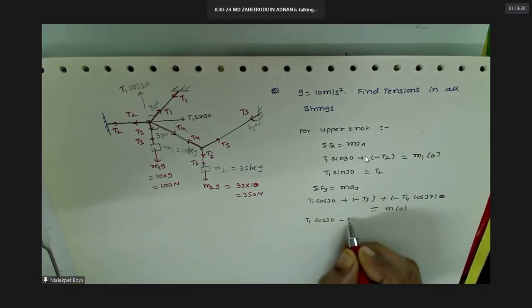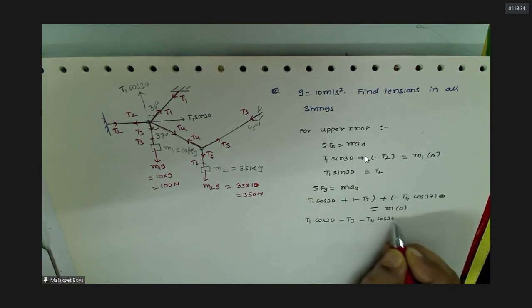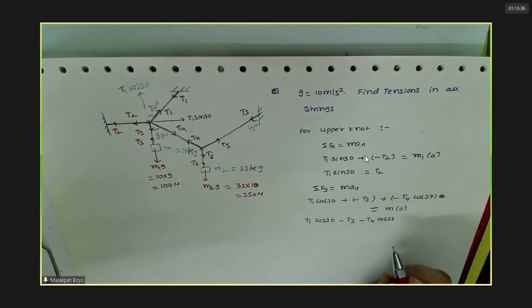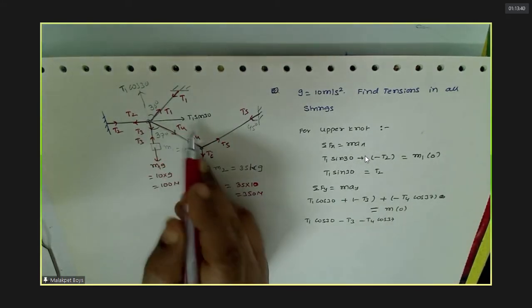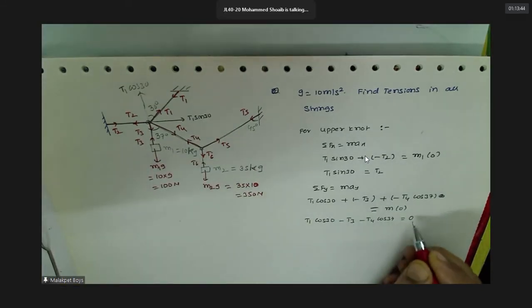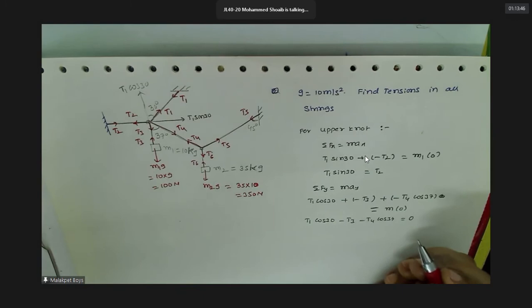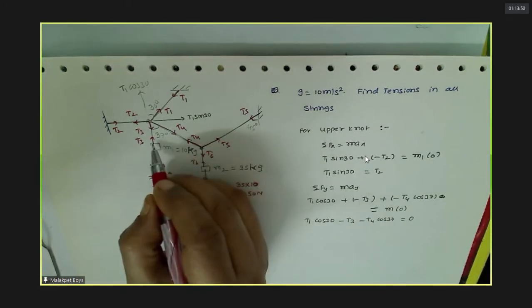In sigma Fx, we have to include the x component of T4 as well, no, sir. X component only I have taken. Sir, the X component of T4 you haven't taken in the sigma Fx. We forgot that term.